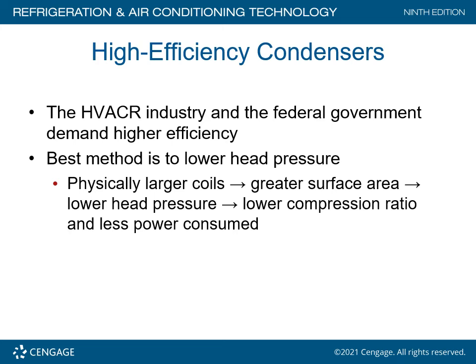Interestingly enough, these units are super efficient, but they have one big drawback: the physical size of the outdoor unit. They're typically anywhere from 5 to 6 feet high and 36 by 36, which presents challenges in trying to move that equipment into position, or in some cases working on it.